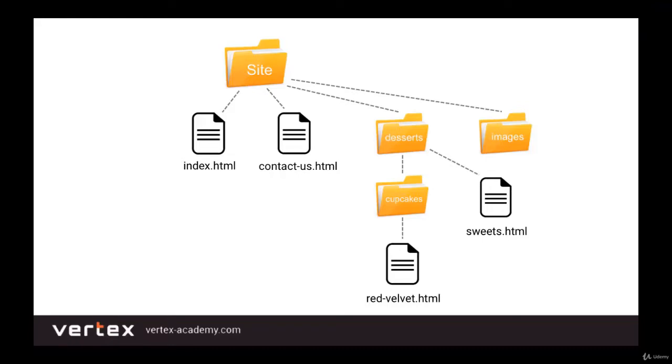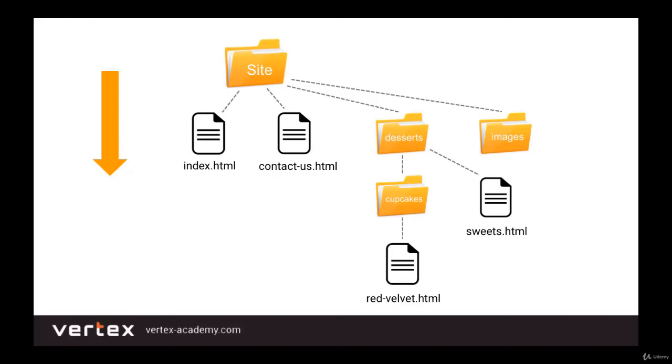But what are we going to write for the href? Well, when we wrote the link to contact us, it was on the same level. So we only had to write the name of the file, that is contactus.html. But now these files are in a different folder. They are in the desserts folder. So what we basically need to write is, find the desserts folder, go inside it, and then select the sweets.html file.